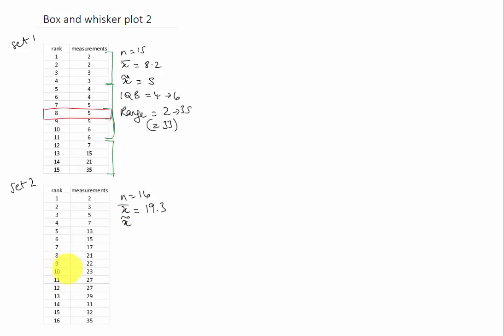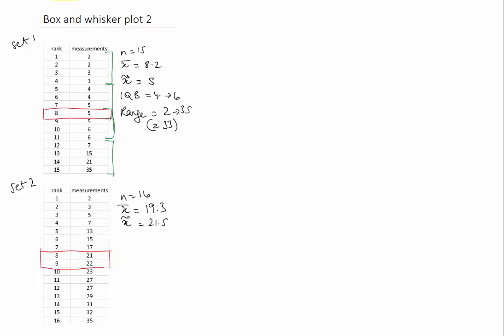So we need 7 values smaller. So you take the 8th and the 9th values, and then take the average of them. So that means that is 21.5. So that's the average of 21 and 22.